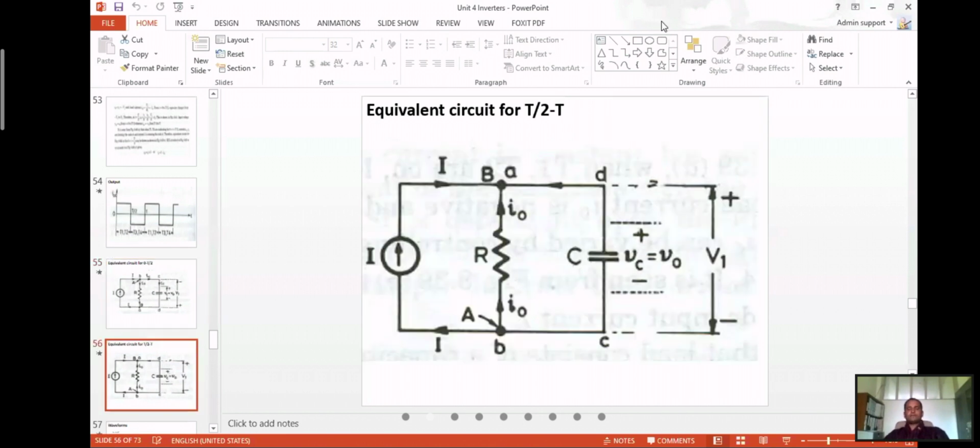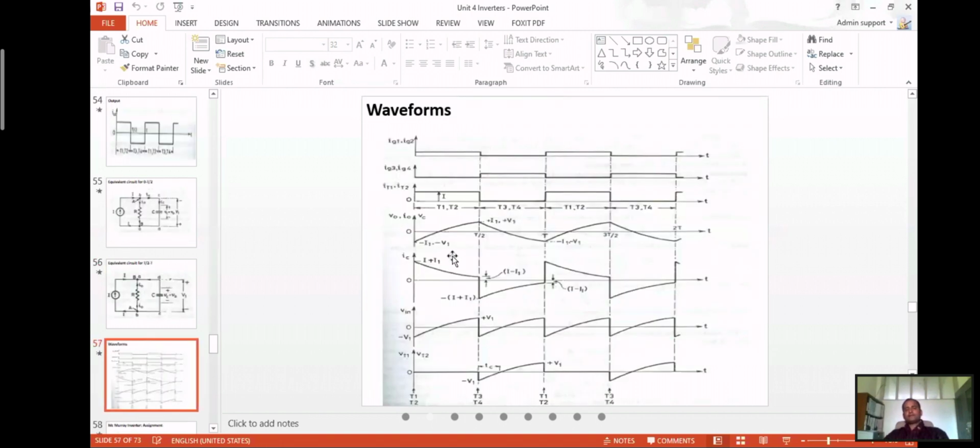Similarly, during the equivalent circuit of T by 2 to T, VC will be equal to V naught, and the current is flowing in the opposite direction. In this waveform, initially IG1 and IG2 trigger T1 and T2, and in the other half, IG3 and IG4 are triggered. This is the current waveform.